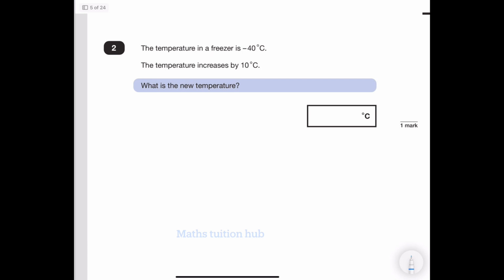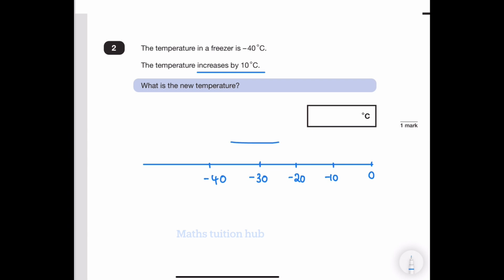Next one is temperature. In a freezer is minus 40 degrees, the temperature increases by 10 degrees. What is the new temperature? So let's draw negative number line, negative side of the number line from 0 to minus 40, minus 20, minus 30, minus 40. Now the temperature increases by 10 degrees.